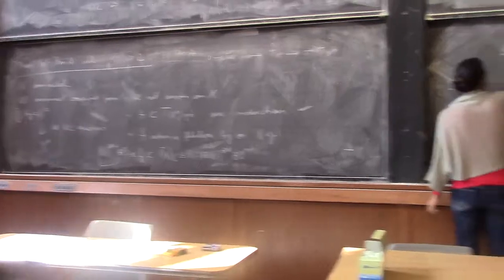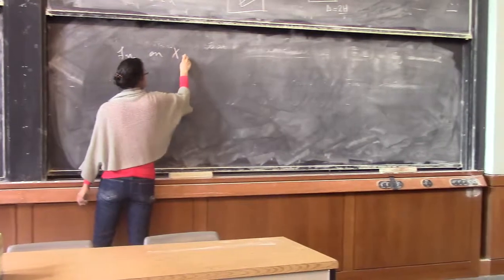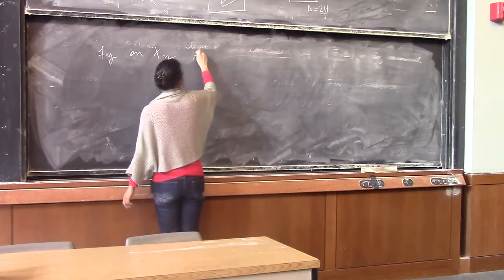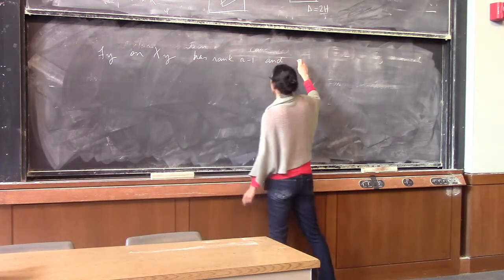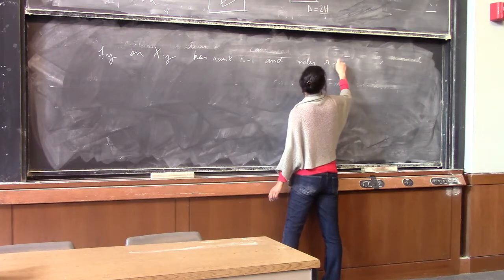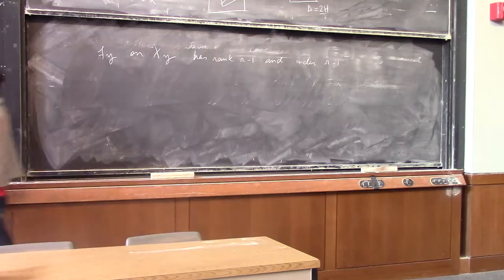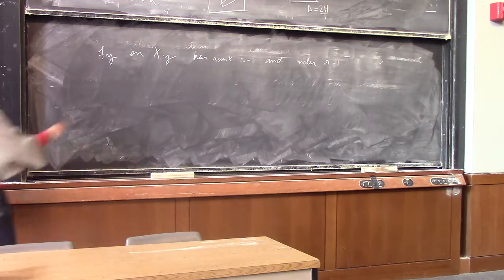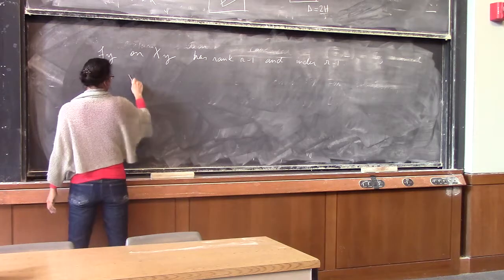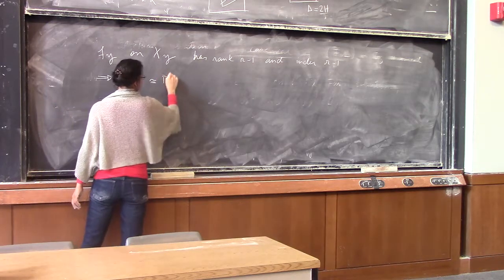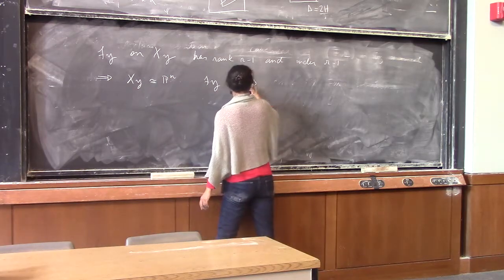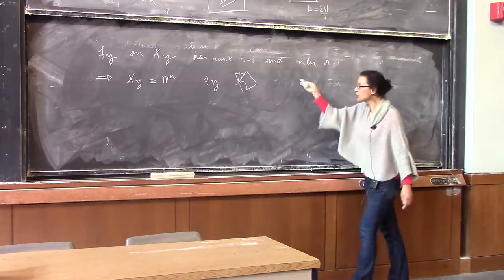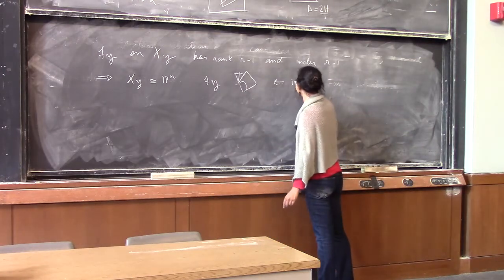So the foliation F_y on X_y has rank r minus 1 and index also r minus 1, because all the positivity must stay on the fiber. So from the Kobayashi-Ochiai theorem, that means that this must be equal to P^n, and this F_y is just the foliation induced by a linear projection. Which in particular, we know that this one is log canonical.